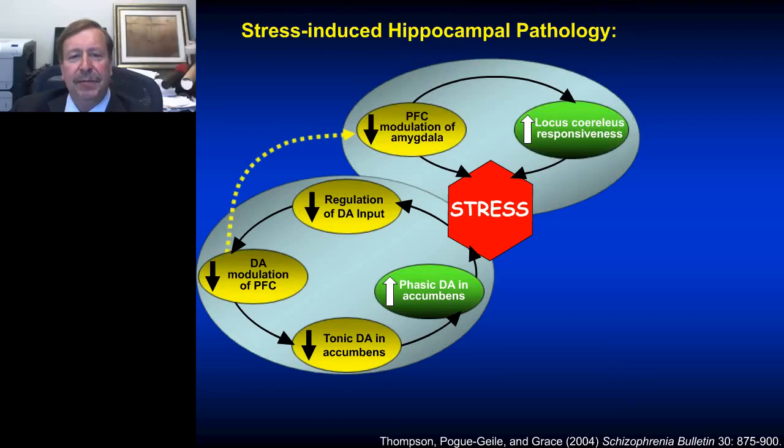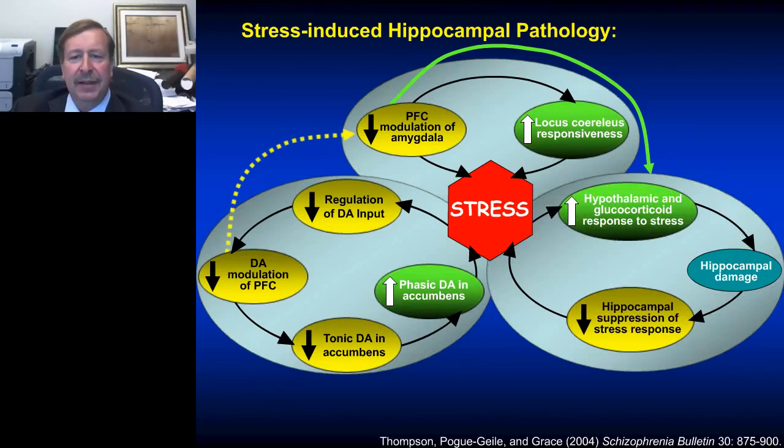We'll get less prefrontal downregulation of the amygdala, which itself is going to contribute to stress. This will also activate the noradrenergic system in the locus coeruleus, which will further exacerbate stress, together leading to hippocampal overdrive and hippocampal damage in this reentrant loop where the damage leads to more stress, which leads to more damage.